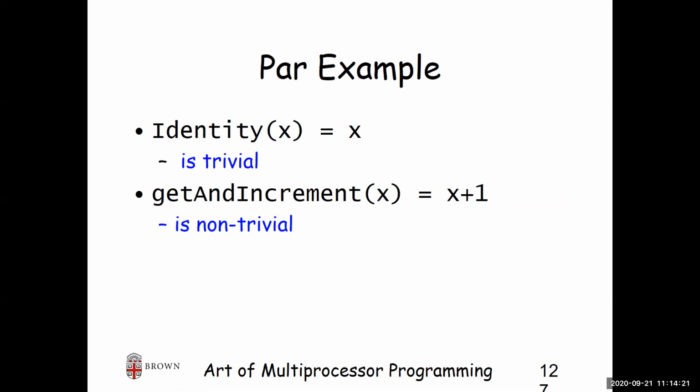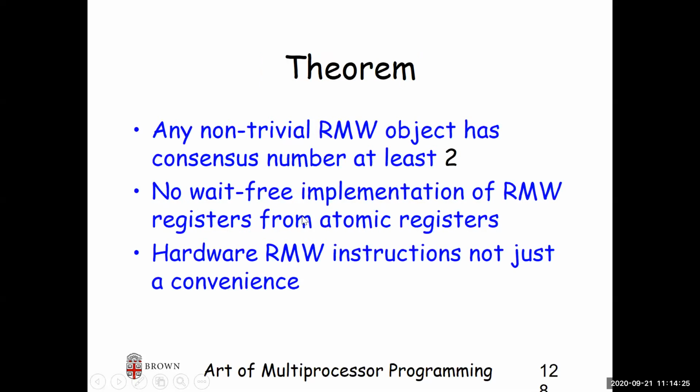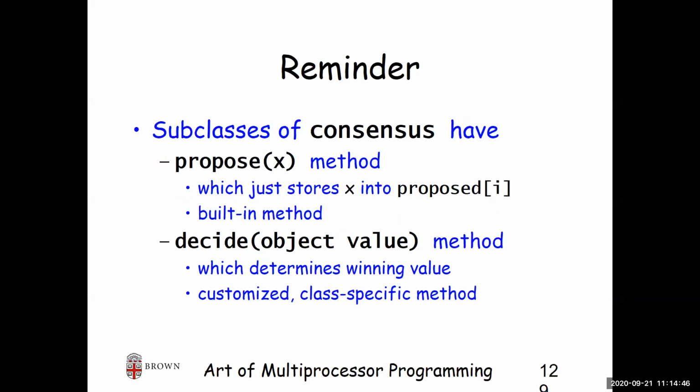So identity is trivial and get-and-increment is non-trivial. Any non-trivial RMW object has consensus number at least 2. And no wait-free implementation of RMW registers from atomic registers is going to exist. So hardware RMW instructions are not just a convenience, they're something truly meaningful.